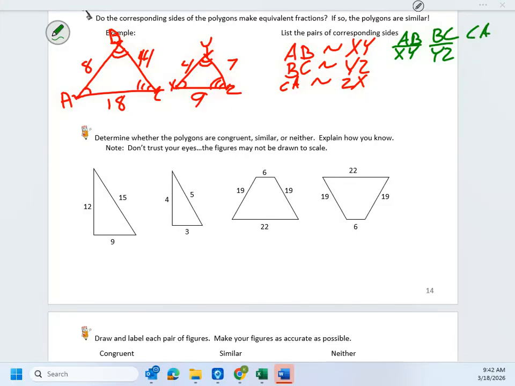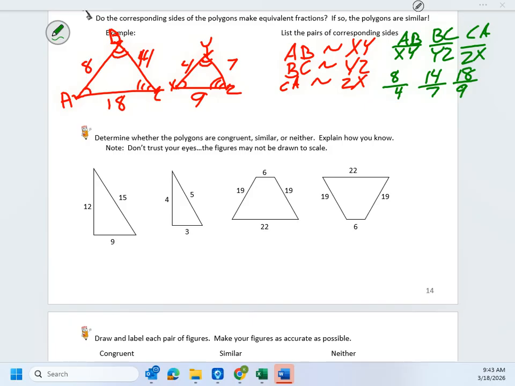And CA over ZX. So that would be saying 8 over 4, 14 over 7, 18 over 9. What operation am I going to want to do with those fractions? What does that fraction bar tell me to do, Joy?